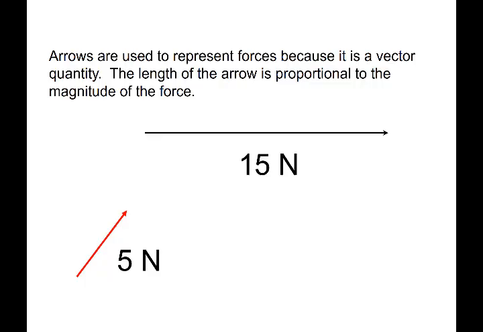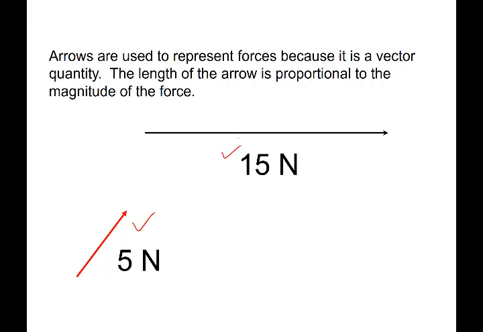Normally, because force is a vector quantity, we'll represent forces by an arrow. The length of the vector will represent its magnitude. So if your problem gives you a 5 Newton force and a 15 Newton force, obviously the 15 Newton force will have a longer line compared to the 5 Newton force.